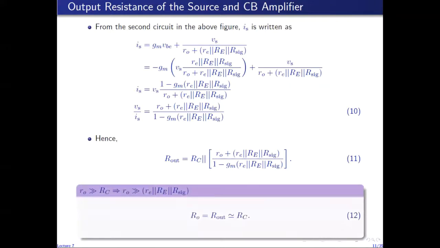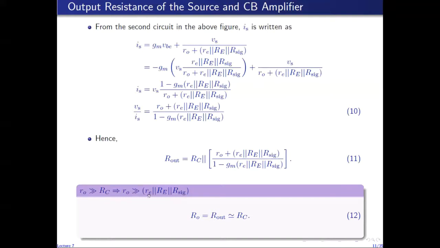So again, we make use of these very reasonable assumptions that small r0 is typically much greater than RC. So if that is the case, then small r0 is definitely much greater than this parallel combination, because like I said, small re is pretty small, of the order of tens of ohms, and R sig for typical signal generators is around 50 ohms.